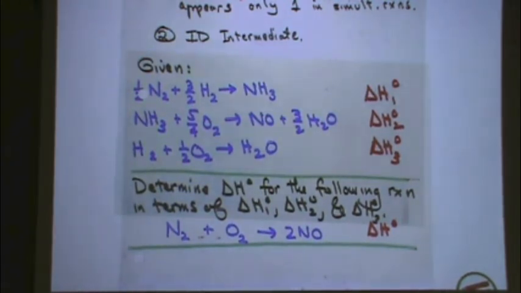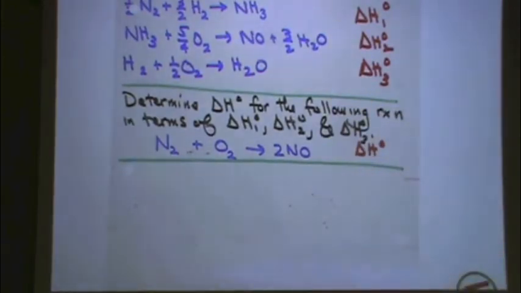So we're typically given the delta H for the top reactions and asked for the bottom, the overall. Notice, or what you'll see in a moment, the top reactions will add up to the bottom reaction. Okay? We have to make that happen, but that's going to happen. And then you'll also notice there's extra molecules in the top reactions that don't appear in the bottom. That's what we call intermediates. So let's play this out with this example here and see how it goes.